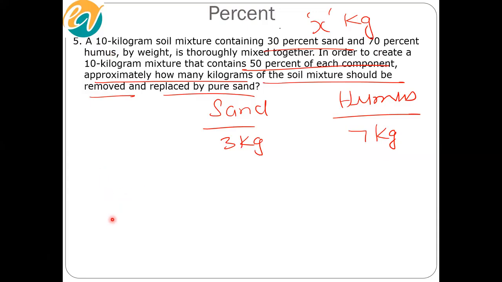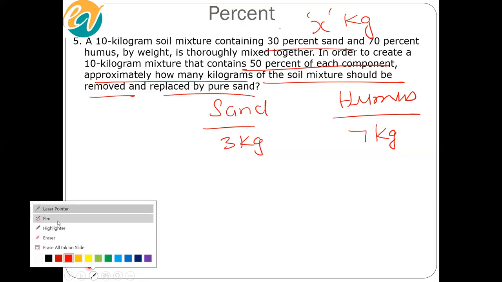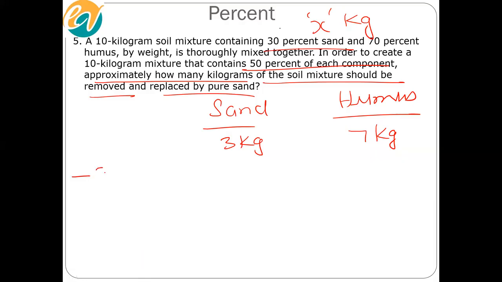So when you remove X kg of soil mixture, we are removing 30% of X, that's the total number of kgs of sand removed, and 0.7x kgs of humus is being removed.